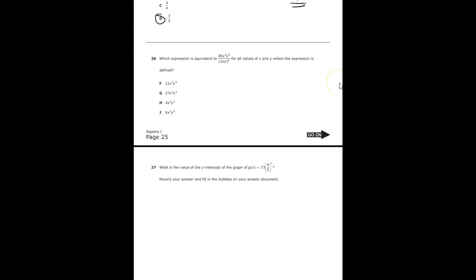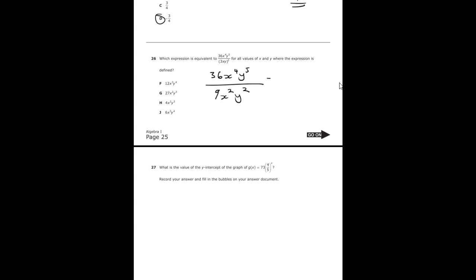So parentheses, we have an exponent here. So let's go with 36x to the 4th power, y to the 5th power, divided by, so this exponent of 2 is going to apply to everything. So it's going to be 9x squared y squared.